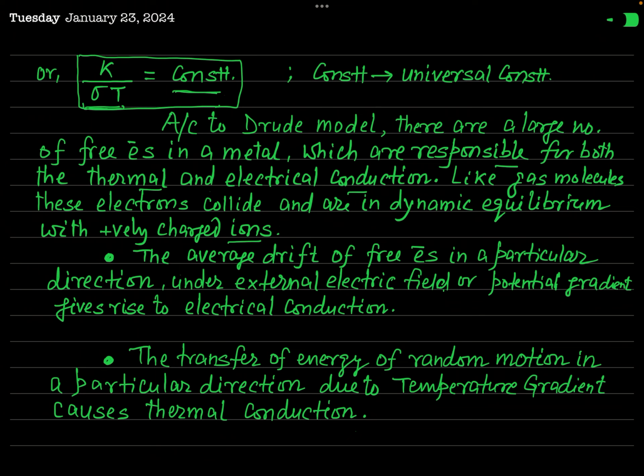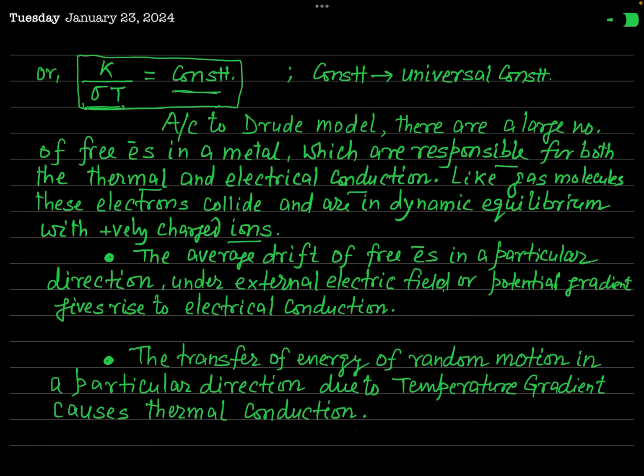Although we have already discussed how this Drude model explains the electrical conductivity of metals, here we will write down the final expression for electrical conductivity which we obtained in our previous lecture. And after that we will calculate the thermal conductivity of the metal on the basis of this Drude model, and then we will explain the Wiedemann-Franz law.